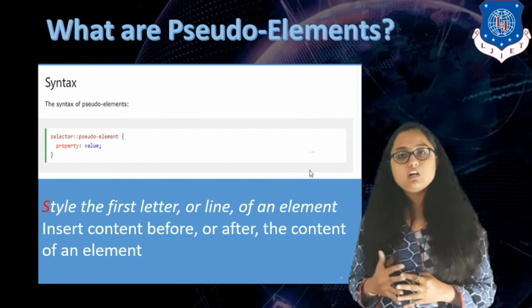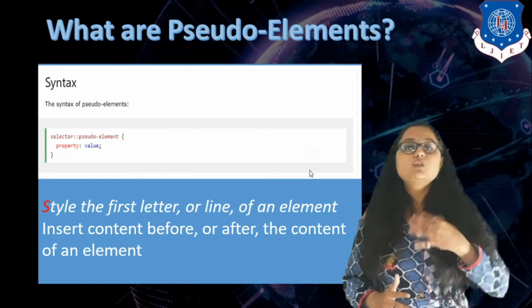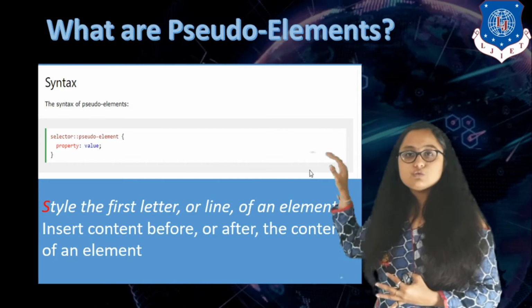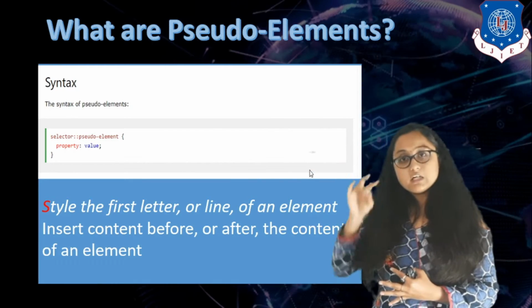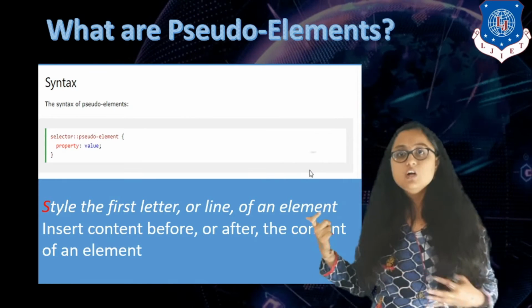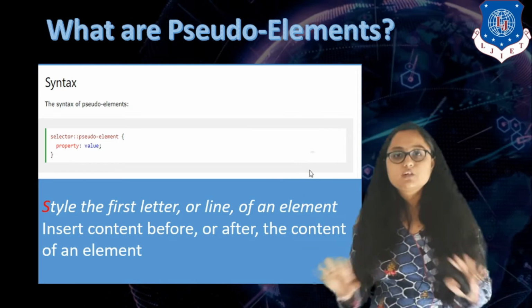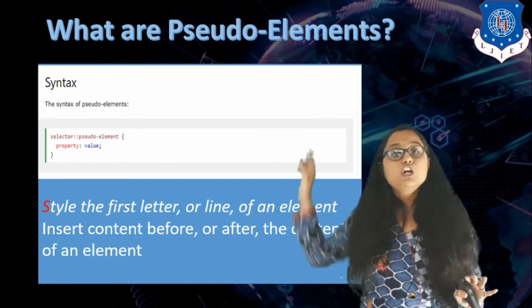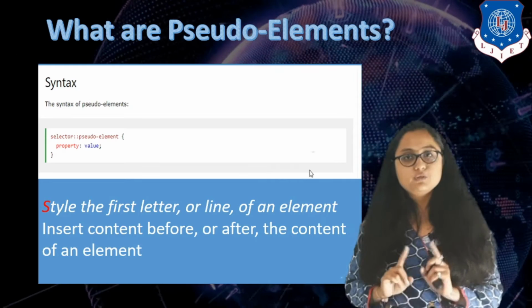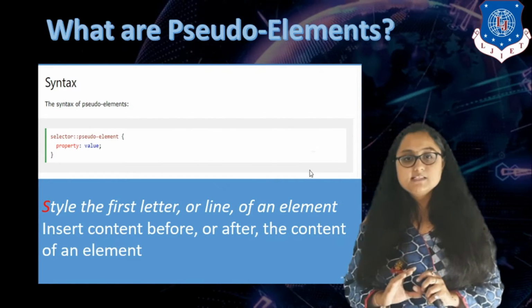Pseudo elements are also predefined elements in which you can give particular styling. So: selector, double colon, then your pseudo element, a predefined name you have to memorize, and inside that, whatever property you want to specify for that particular pseudo element. So this is the syntax. I hope you remember it.